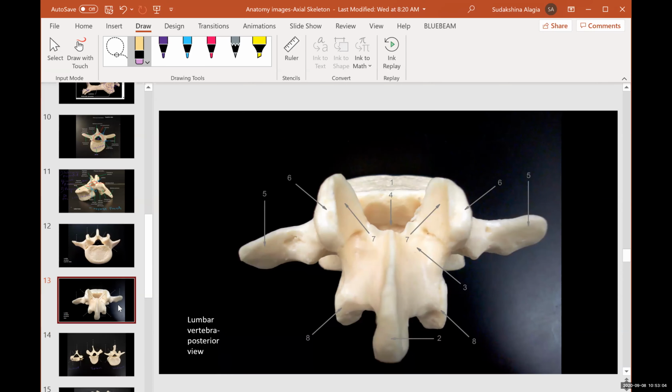If you look at posterior view, that's how the lumbar vertebra would look. Actually, this is a nicer view. So this is a pretty straight, heavy, thick centrum, heavy vertebra. The spinous process is projecting posteriorly, not inferiorly.